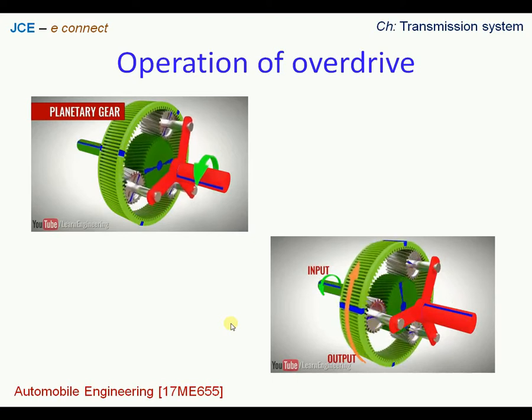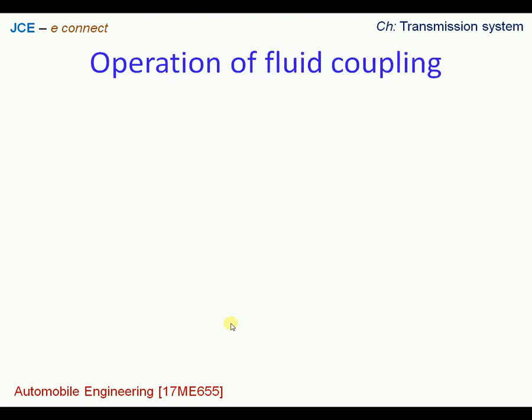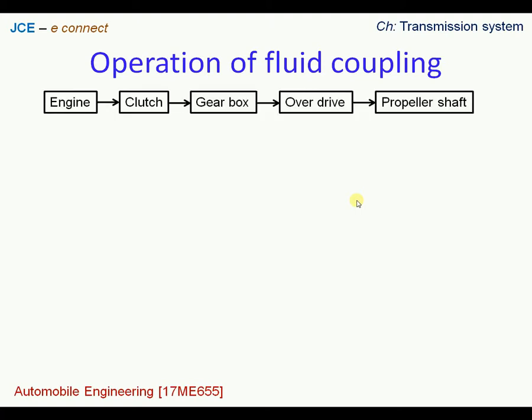Now let us move further, taking up the discussion on fluid coupling. Again, before we get into the fluid coupling details, let us be clear about where exactly this fluid coupling component or device is located in the transmission system of a vehicle. So we have here again the engine and clutch.